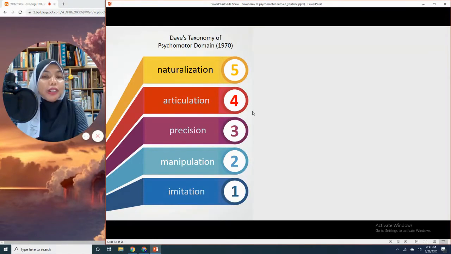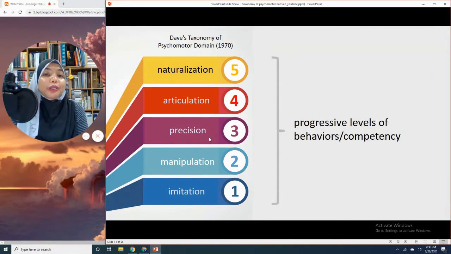Now, similar to other taxonomies within cognitive and affective domains, the levels are arranged according to increasing precision. When it comes to cognitive, we do talk about the levels increasing in terms of complexity. However, when it comes to taxonomies in the psychomotor domain, the levels are increasing in terms of competency.